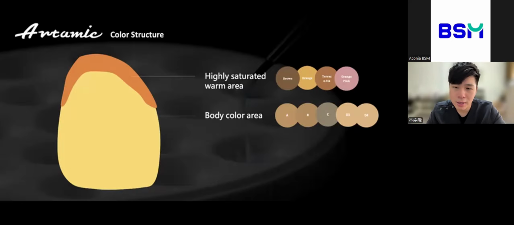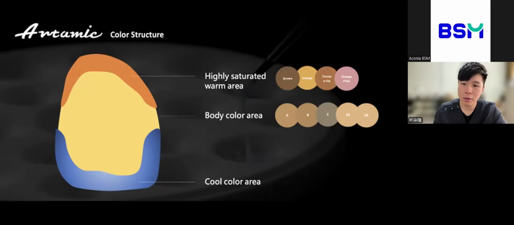And one thing to say is that natural enamel doesn't really have blue in the cool color area. What looks blue is actually due to the opal effect in the enamel, a kind of light reflection, which can give us a blue-like appearance.